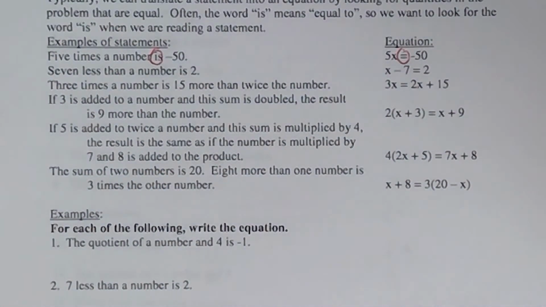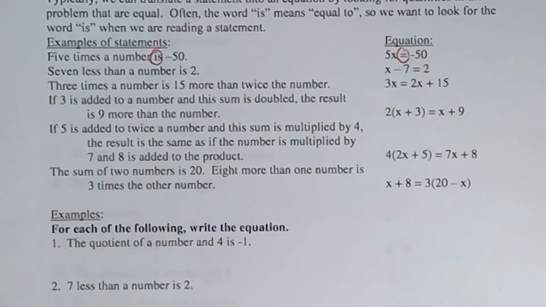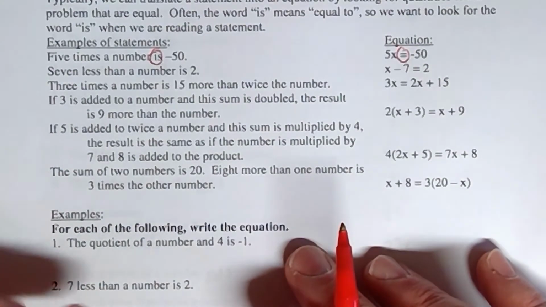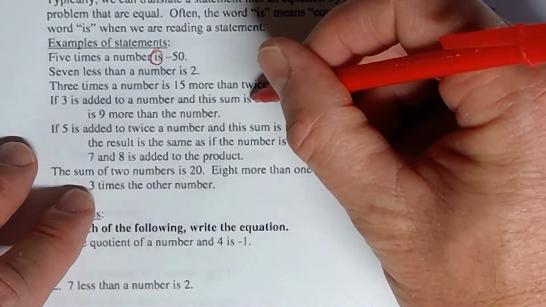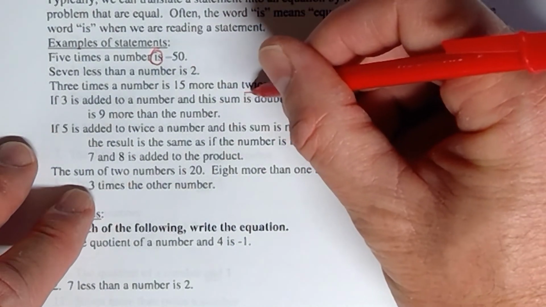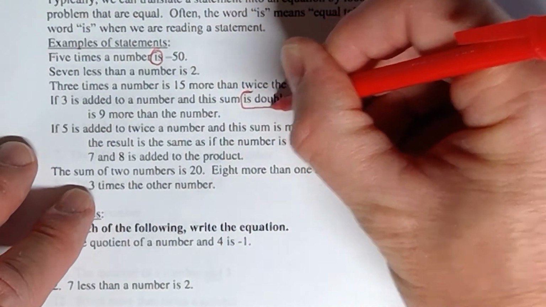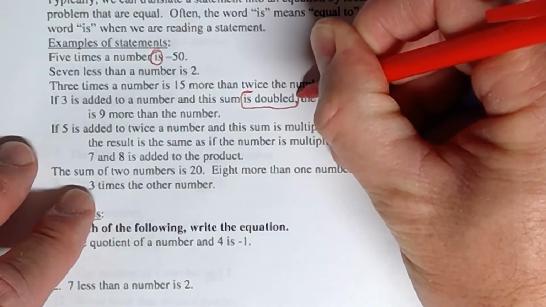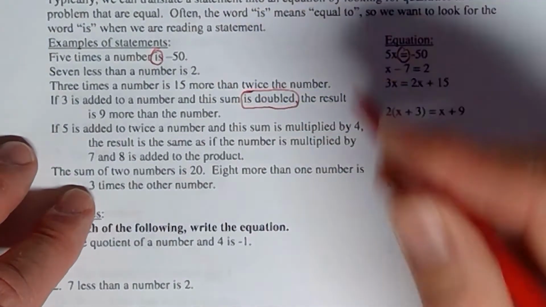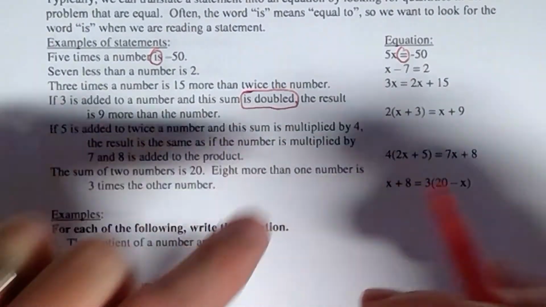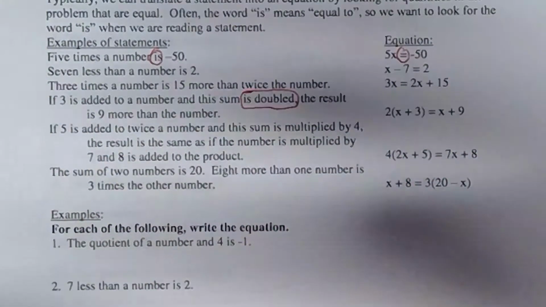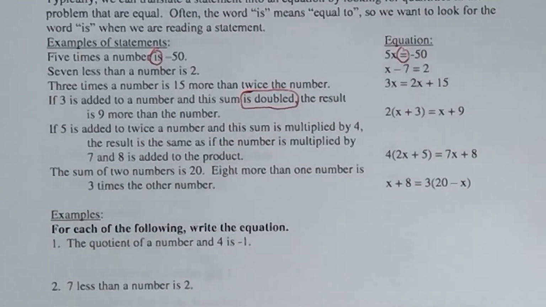But again, usually. Let me show you the exception to that. See right here where it says the sum is doubled. See how the word is, and I don't want to sound too much like an English teacher right now because I'm a math teacher, but I kind of have to when we talk about word problems. The word is is part of a verb right there. In other words, it's part of an action. You remember from your English class that verbs are actions, okay?